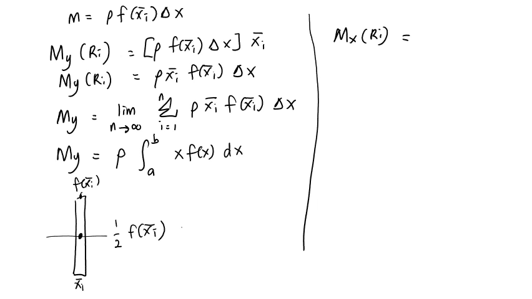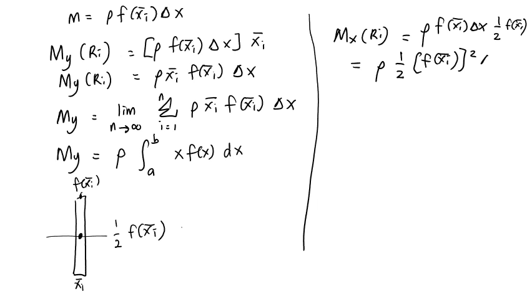Then the mass is the same as before, density times area delta x, but now the distance would be 1/2 f(xi bar). Then you simplify this into rho times 1/2 times f(xi bar) squared delta x.